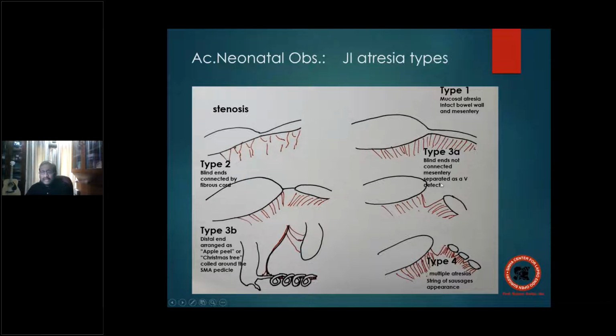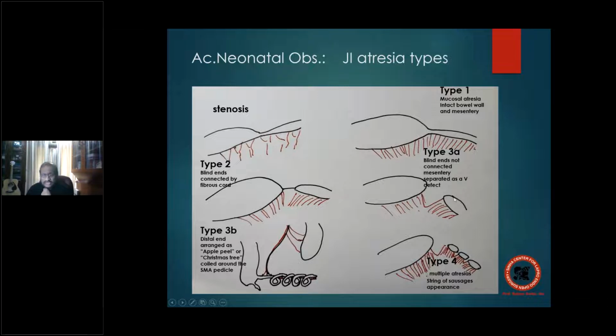Type 3 has two subtypes, type 3A and 3B. In both the conditions, the two ends are separate. Remember, in duodenal atresia type 3, what was there? Two ends were separated. Here also separated. But here the separation is in two forms. In 3A, you have got a V-shaped defect in the mesentery. That is 3A. 3B is what is known as the apple peel or Christmas tree. And here what is happening is, this is the proximal, this is the distal.